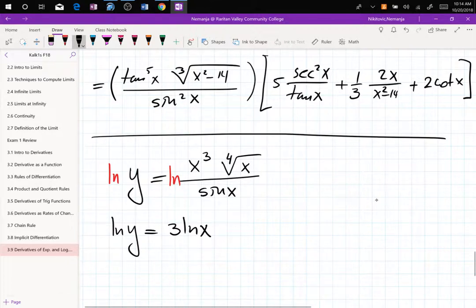So 3 ln x, and then plus 1/4 ln x, and then finally on the bottom minus ln of sine x. So all I did is I used the three formulas to expand something, and guys, you learned this in your pre-calculus course, probably invented by now. Please review it.